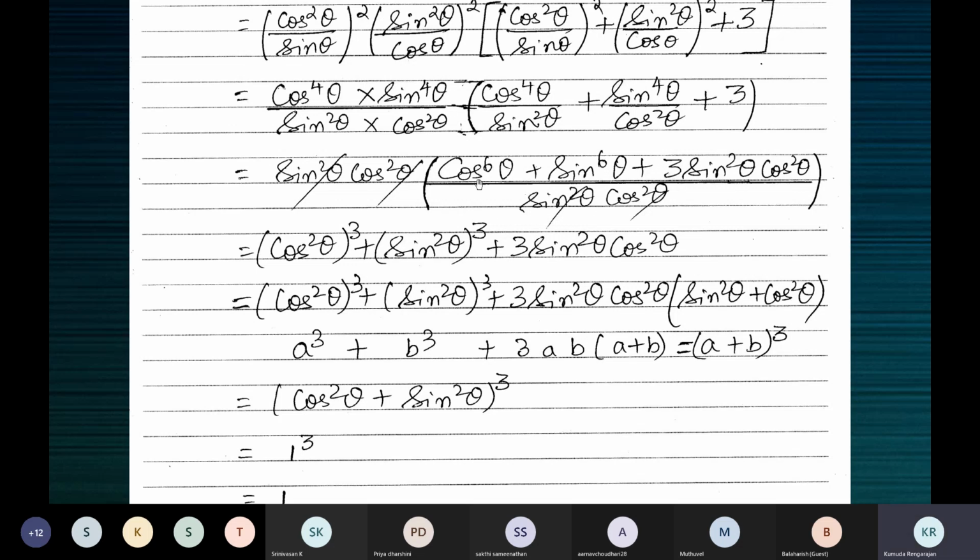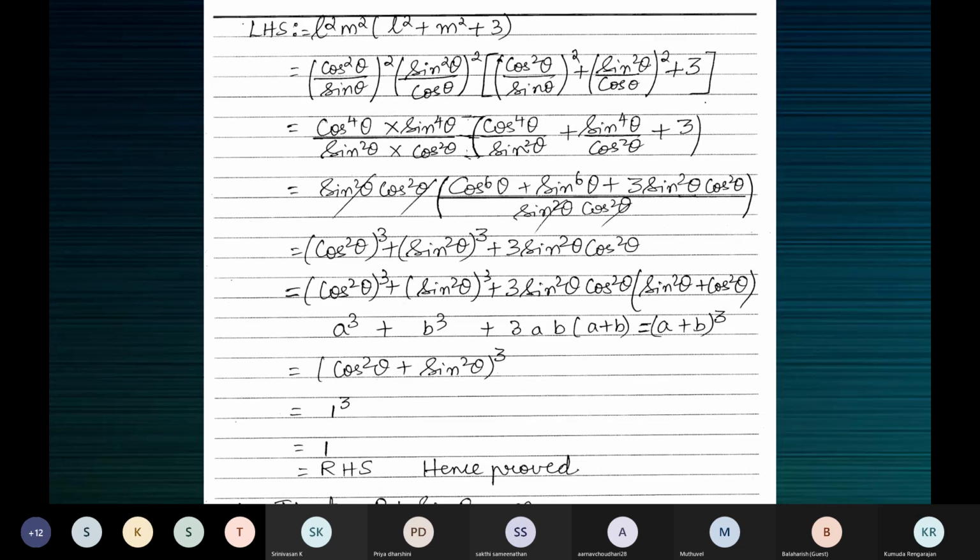You can take anything as A and anything as B, meaning you can take sine square theta as A and cos square theta as B, or you can take cos square theta as A and sine square theta as B. Anyways. I understood now. Very good.